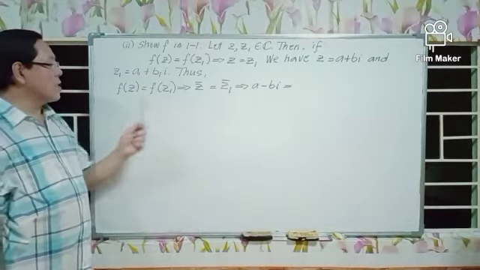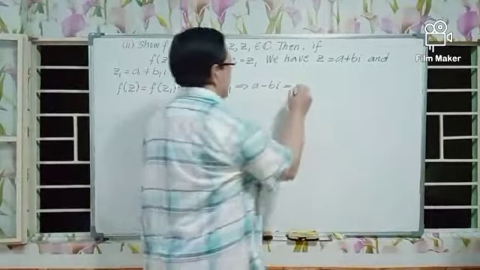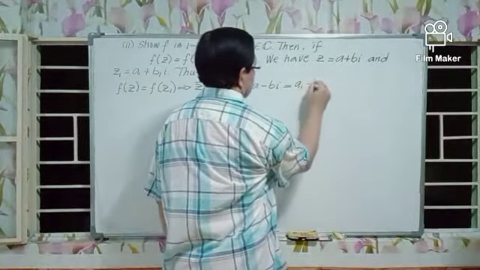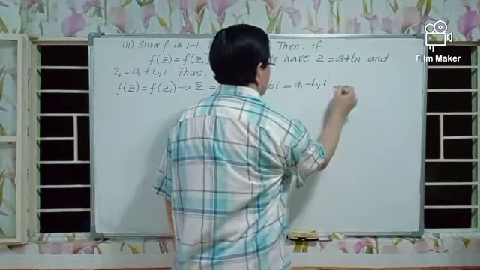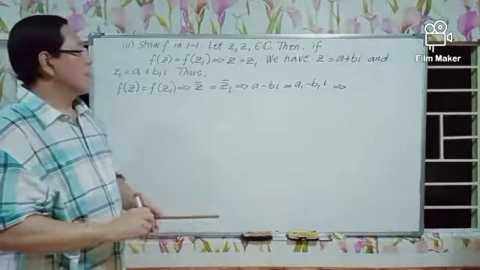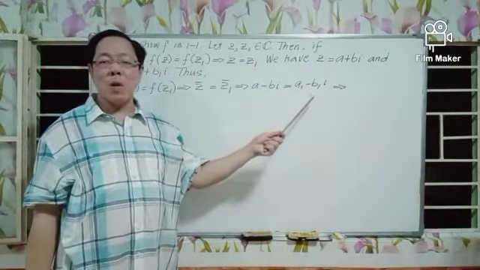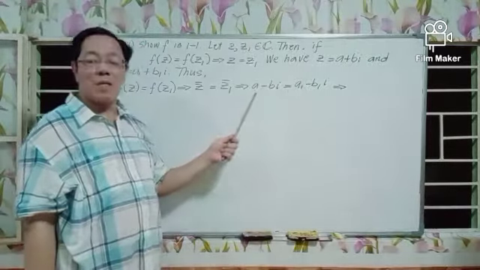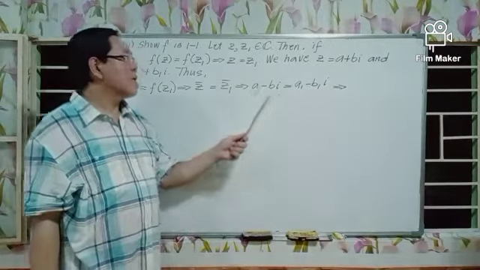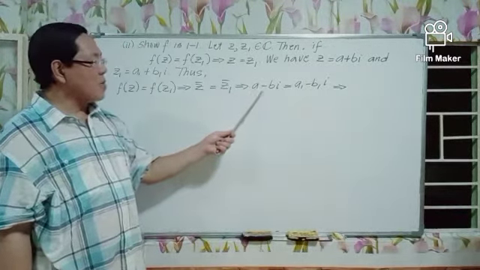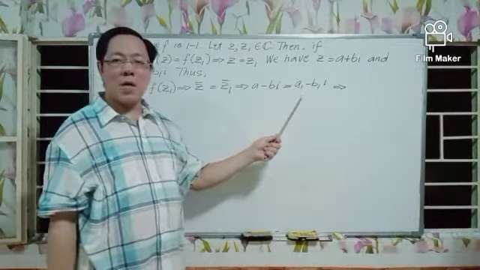The c sub 1 bar is equal to a sub 1 minus b sub 1 i. And this equation will be true only if the real part of the complex number at the left is equal to the real part of the complex number at the right hand side. This means that a minus bi equals a1 minus b1i implies that a is equal to a1.